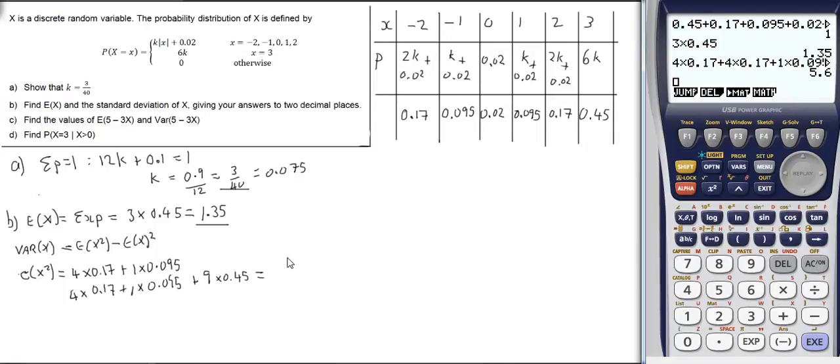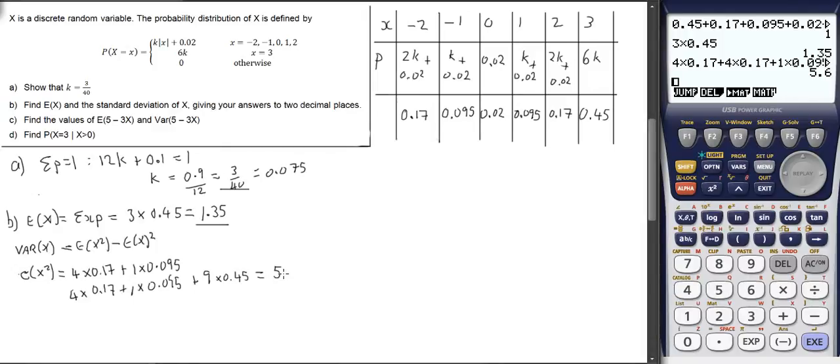And obviously there are a few shortcuts there that I could have taken that I didn't, just to keep it clear, and we get 5.6.